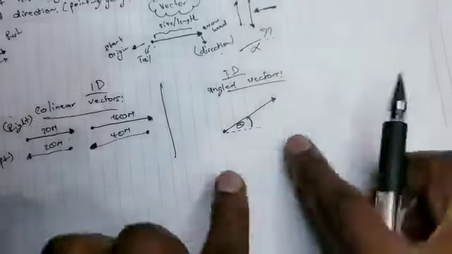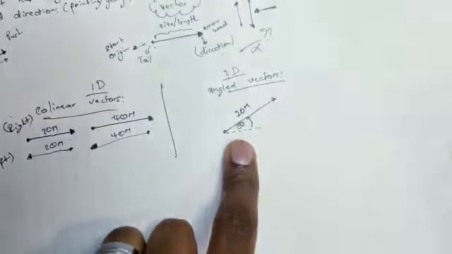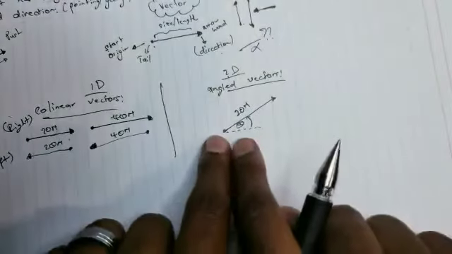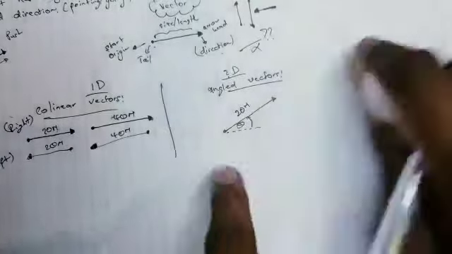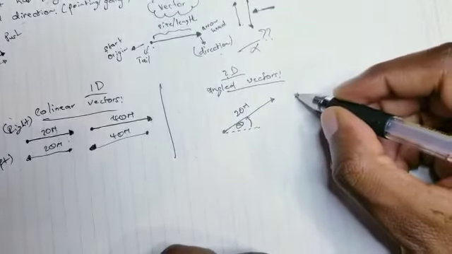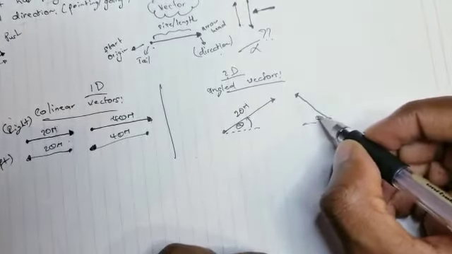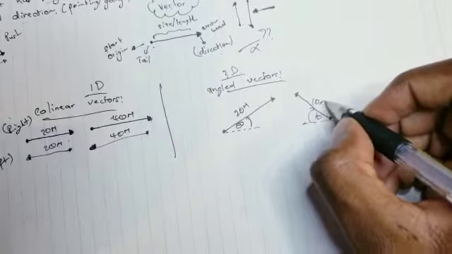Okay, so this is still a vector. So let's say that's like 20 newtons. It's a vector, but it's not straight collinear. It is at an angle. All right, so I can draw another one like that, and then say this is the angle. Let's say it's 10 newtons.